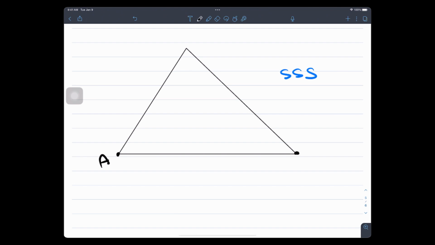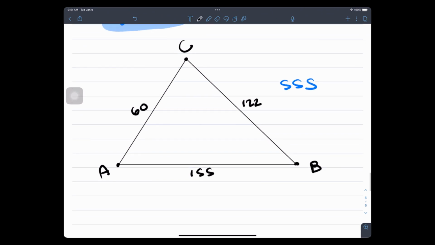Angle A, angle B, side. So if they give you 60 here, 122, and 155. This is what I mean by side.